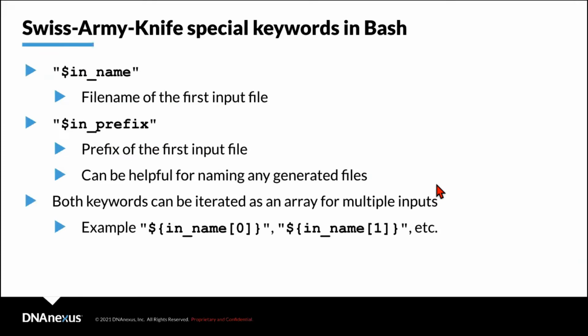This can be helpful for naming, so you don't need to hard type it. And the interesting thing is that in case you have more input files, and I will show you an example of that, you can iterate and index them as you would index an array in Bash.